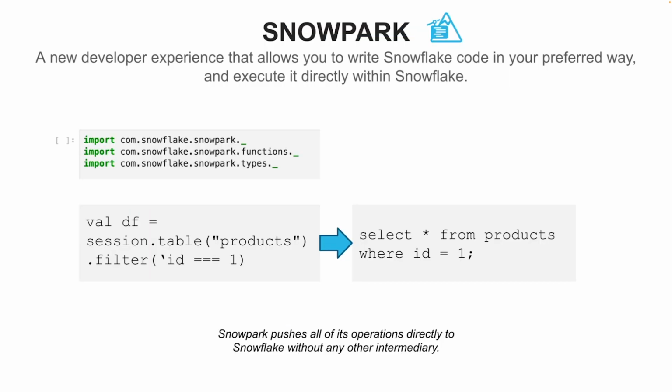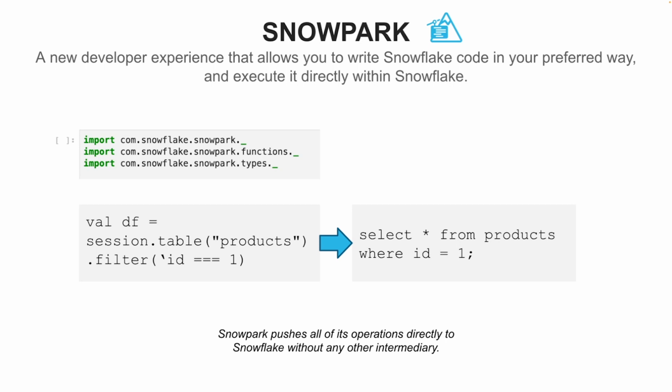So let's take a quick look at how Snowpark works. We're going to be using this to first import our Snowpark libraries. From Snowflake, you see in the first element here, we are importing Snowpark, Snowpark functions and types.